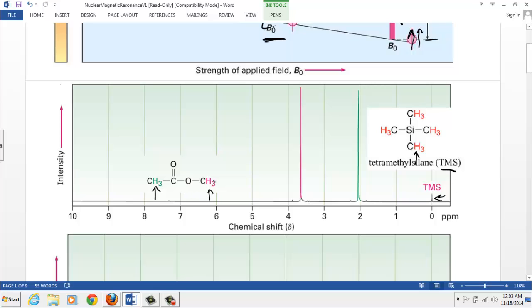We've got some other hydrogens in our compound. We got the hydrogens that are connected to a methyl group right next to an oxygen. And then we have a second methyl group that's connected to a carbon, and we do get different peaks. We get a total of 3 depending on how that methyl group is situated.